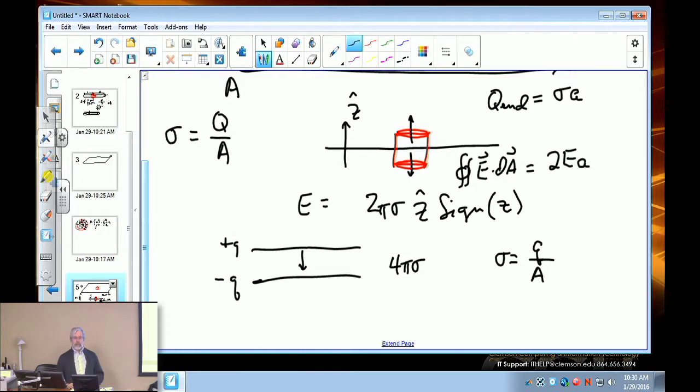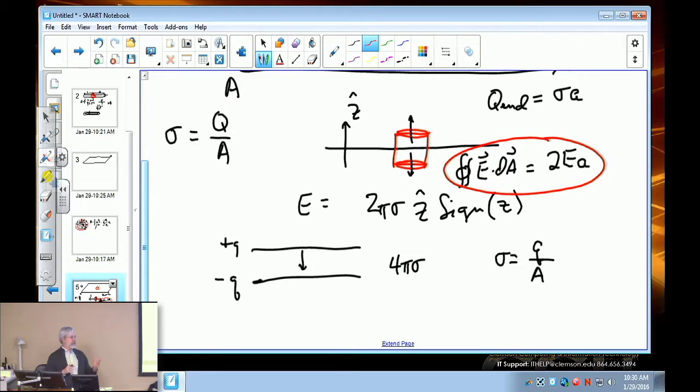Any questions about that? These sorts of simple arguments are really handy, but they only work in highly symmetric situations. But they're really nice to see. Gauss's law works in any case. It's just that these integrals are only simple when we have a highly symmetric arrangement of charges, where the electric field has really simple behavior.